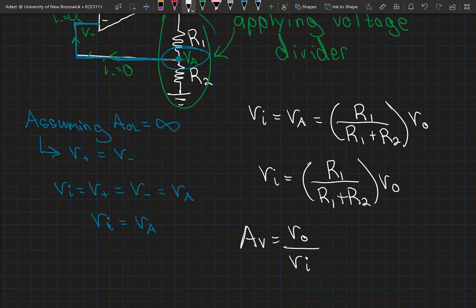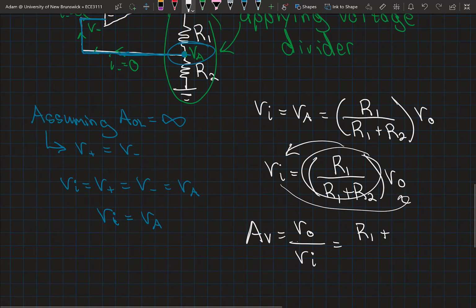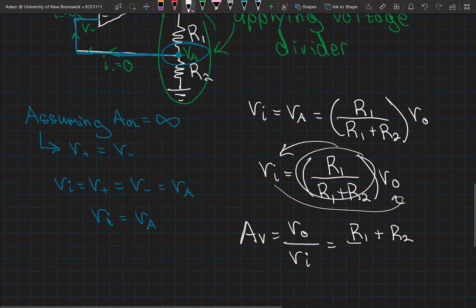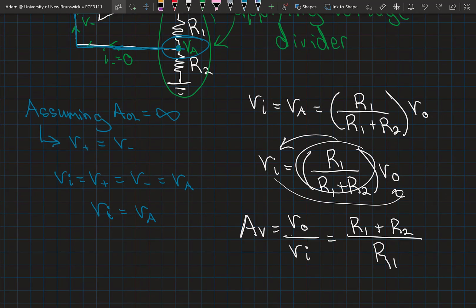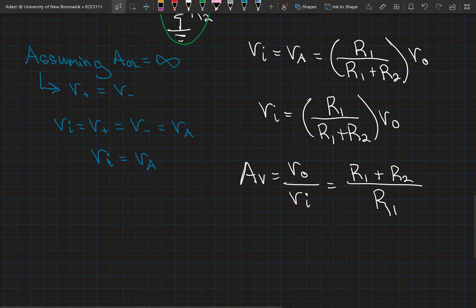So rearranging that formula above, pulling V in over to this side and pulling this term over to the other side and dividing, we get V out over V in, which is equal to R1 plus R2 over R1. Okay, just clean that up here. And so that's just manipulating that equation.